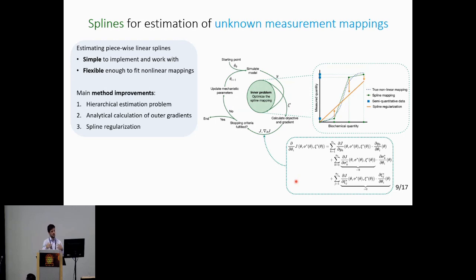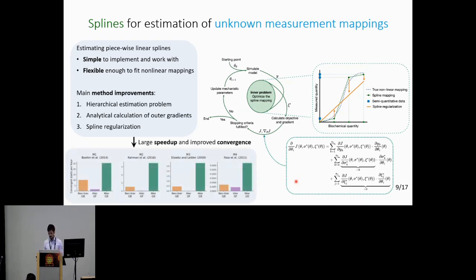The idea behind this is to push the spline toward the linear line, such that if there is some nonlinearity of the spline, it comes from the data and not from some optimization artifact. We're trying to make very sure that it's nonlinear if it is. These then resulted in large speedups and improved convergence. On this plot, you can see it's a little bit blurry, but the number of converged starts per hour, which is the y-axis, is much higher for the hierarchical gradient-based approach that we use.